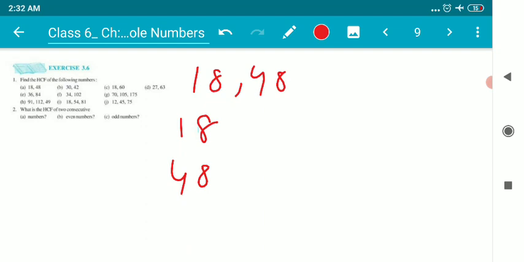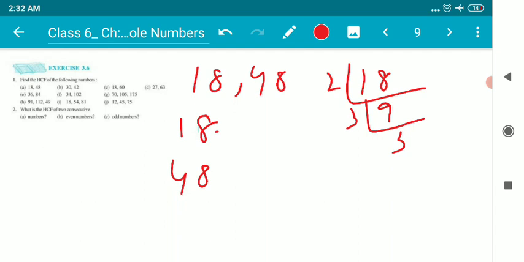Let us find the prime factorization of 18. 2 9s are 18. 3 3s are 9. So what I'm going to write, children? 18 as 2 into 3 into 3. This 2, 3, 3 I got from prime factorization.